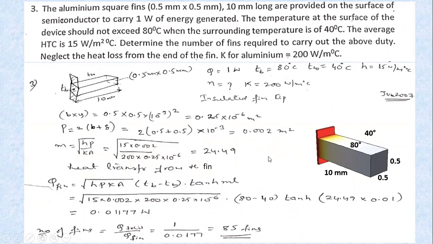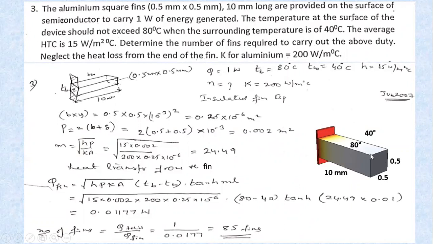So first we have to find out the heat transferred by a single fin. Then how many fins are required to remove this much heat will be seen later. So we have to determine the number of fins. And he has given, neglect the heat loss from the end of the fin. So at the end of the fin, we have to neglect the heat loss.